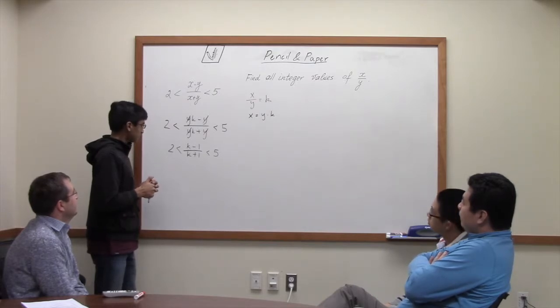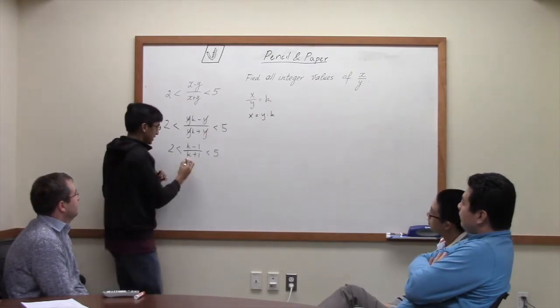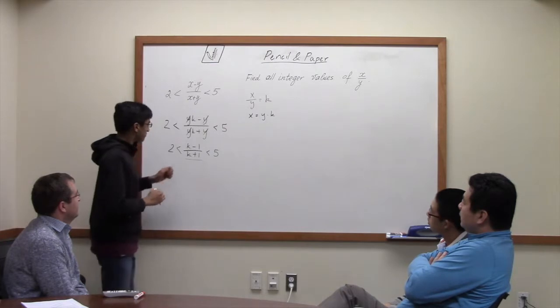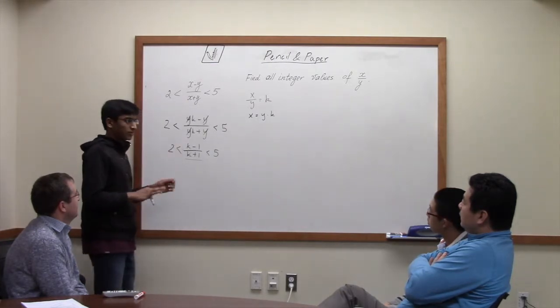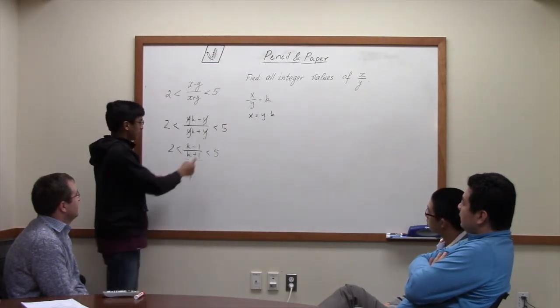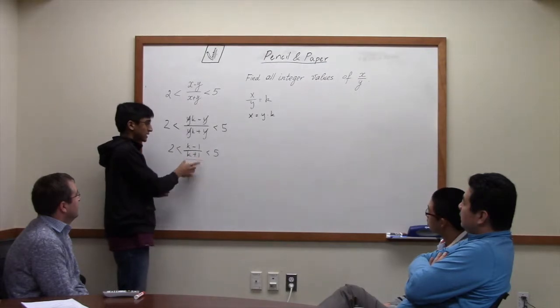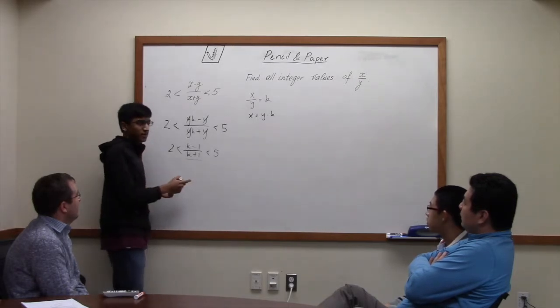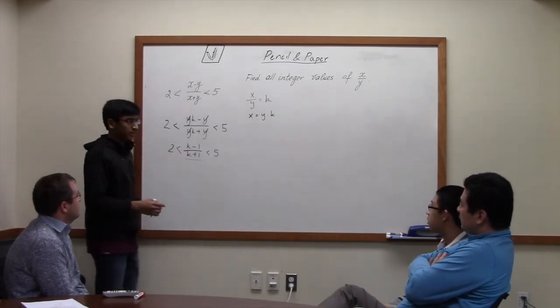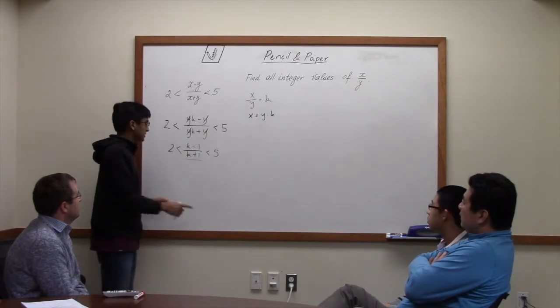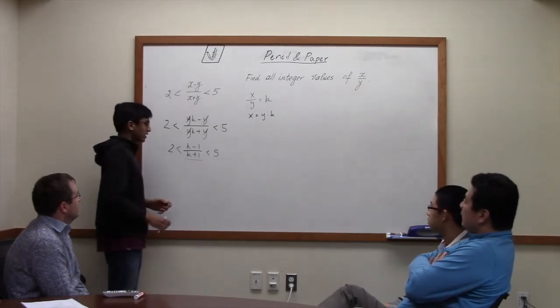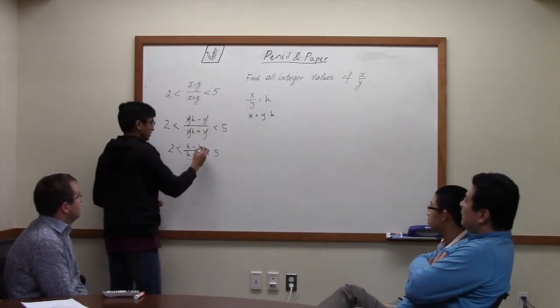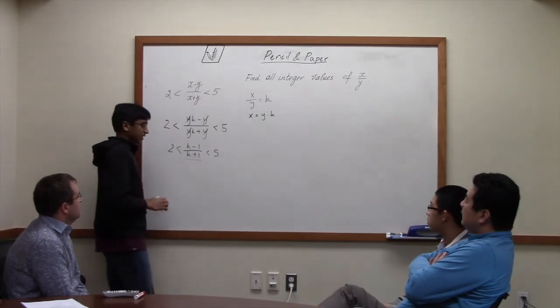Now, if we look at this fraction very closely, if the numerator and denominator are both positive numbers, that means k minus 1 is going to be less than k plus 1. So there's no way that the ratio can be more than 2. In fact, it has to be less than 1, because you have a smaller number divided by a bigger number. So that already tells us that this has to be negative. In particular, the numerator and denominator both have to be negative.